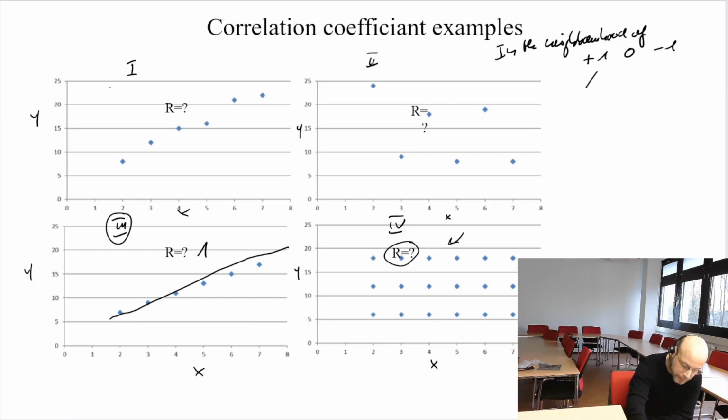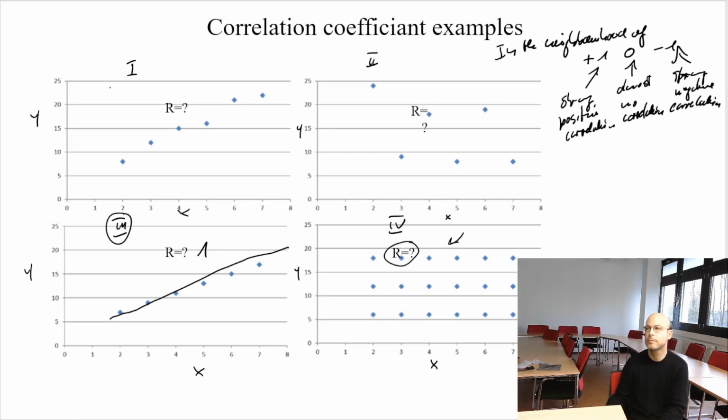So this would be strong positive correlation, strong negative correlation, and almost no correlation.